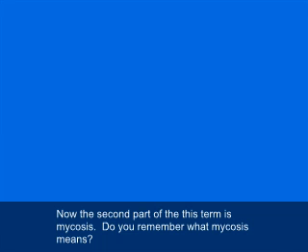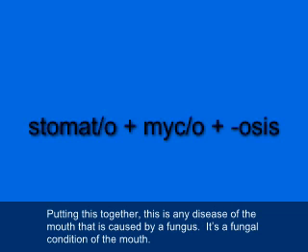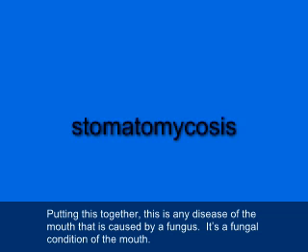Now, the second part of this term is mycosis. And do you remember what mycosis means? Well, that would be the abnormal condition of having a fungus. It's a fungal condition. So putting this together, this is any disease of the mouth that is caused by a fungus. It's a fungal condition of the mouth.